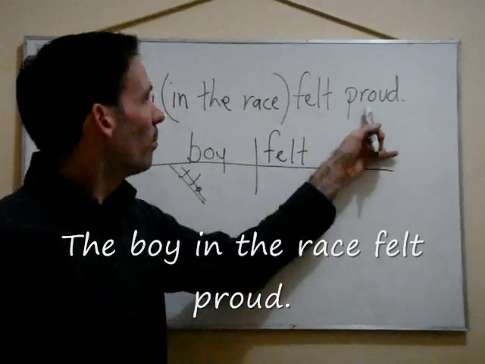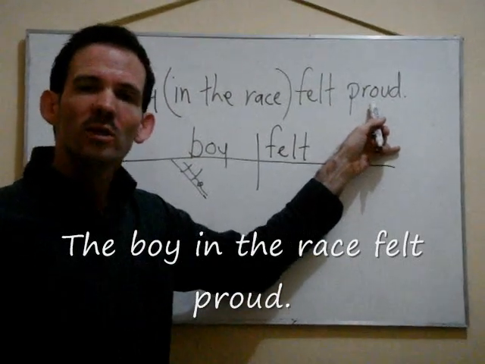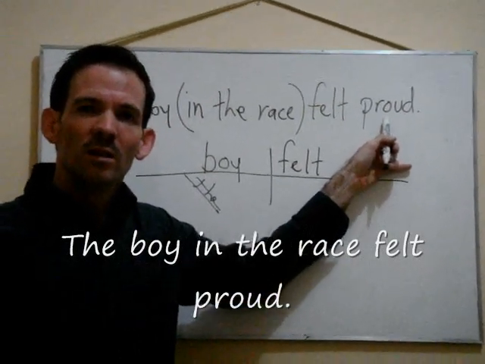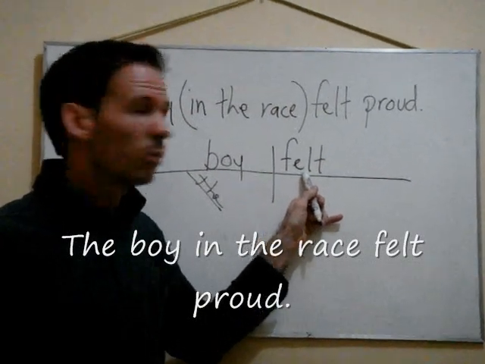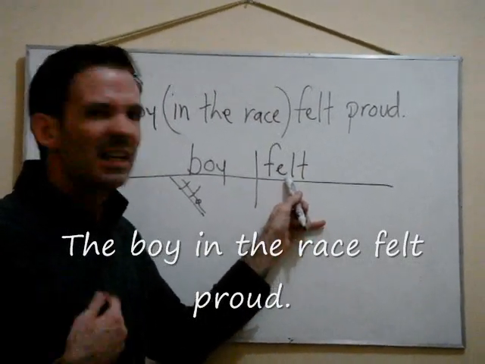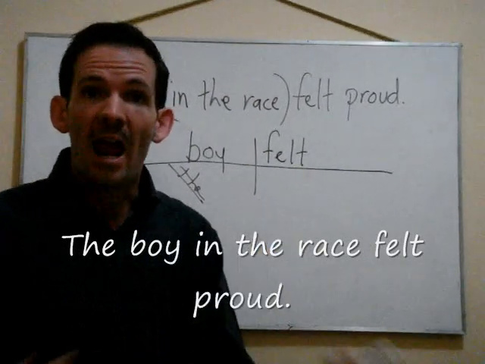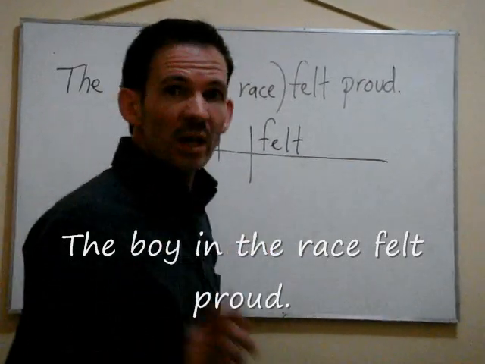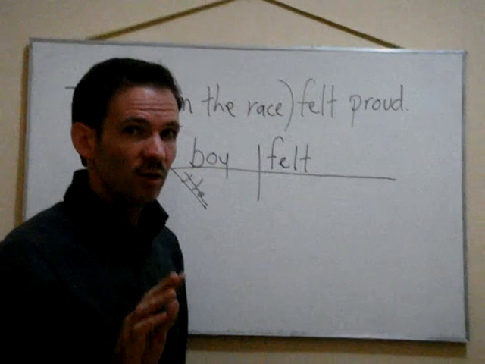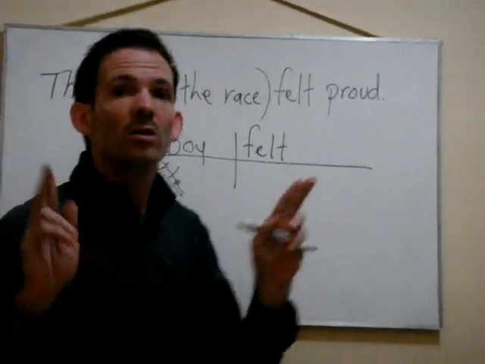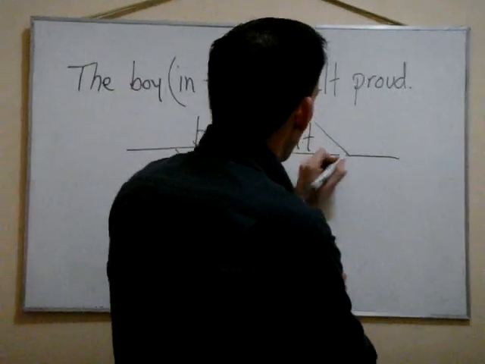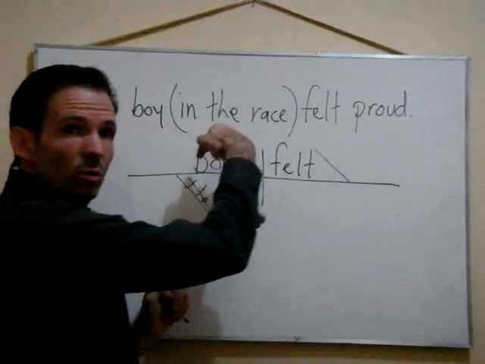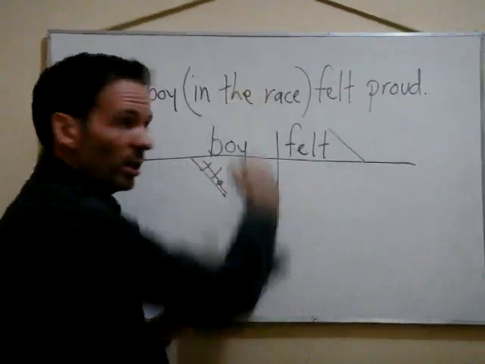He felt proud. But now, is that a direct object? No, because this is one of those linking verbs. This one describes a state of being more than an action. So, when we have something like that, when we do not have a direct object, we know we have a subjective complement. So we're going to make that line swing back to point at the subject.